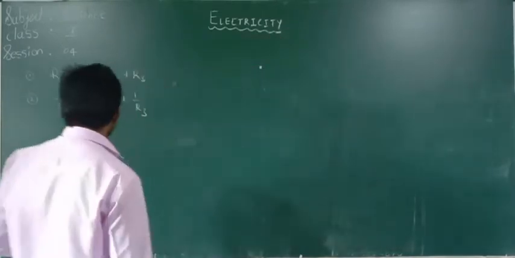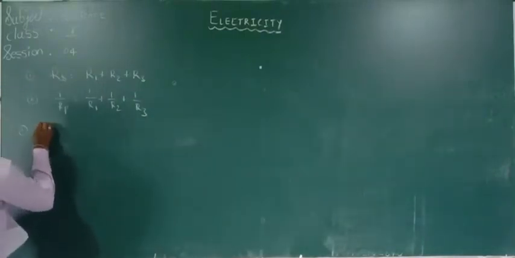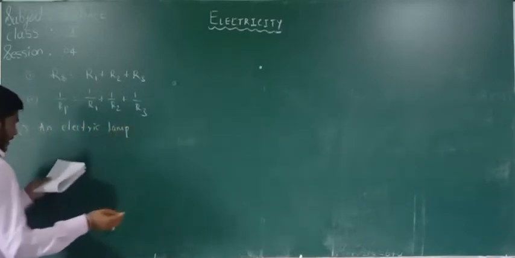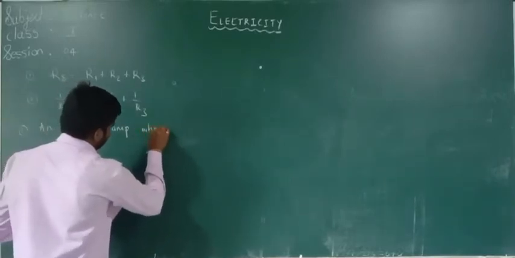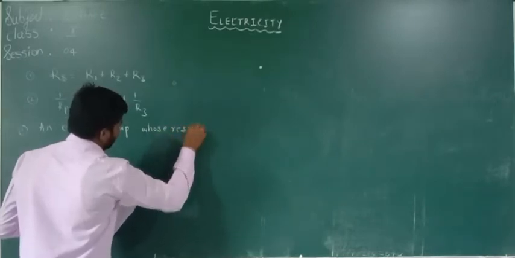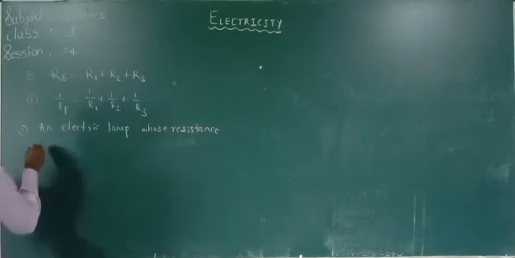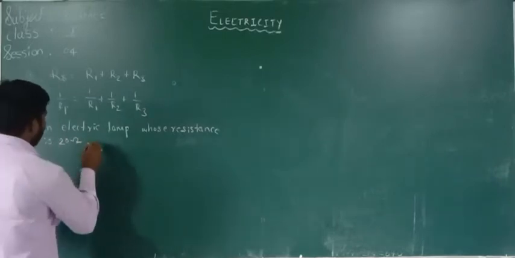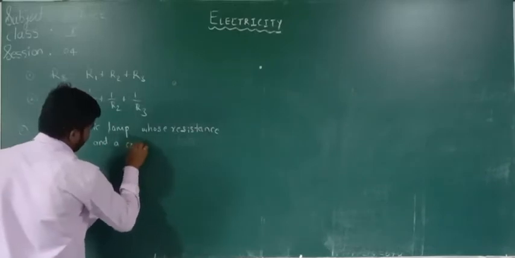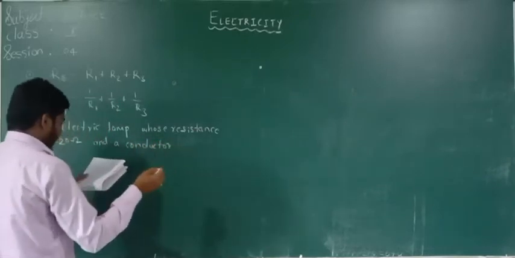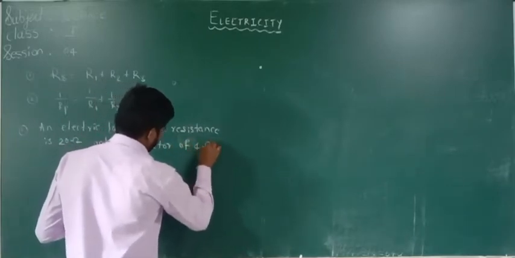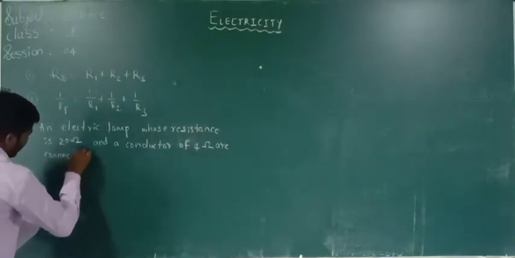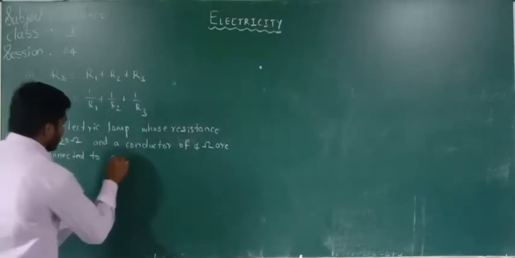Now consider one example. First example: an electric lamp whose resistance is 20 ohms and a conductor of 4 ohm are connected to a 6 volts battery.